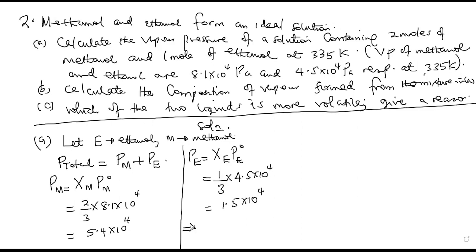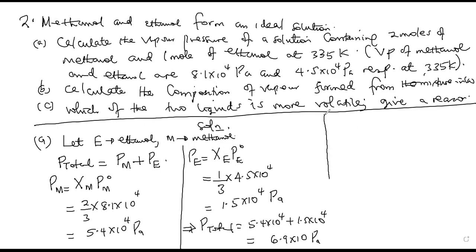Then this implies that my P total is equal to 5.4 times 10 to the power 4 plus 1.5 times 10 to the power 4, and this is going to give me 6.9 times 10 to the power 4. The units are pascals. So that is the total pressure.